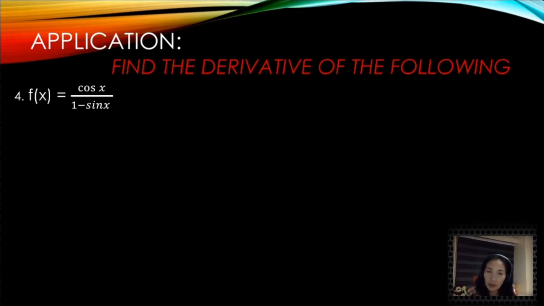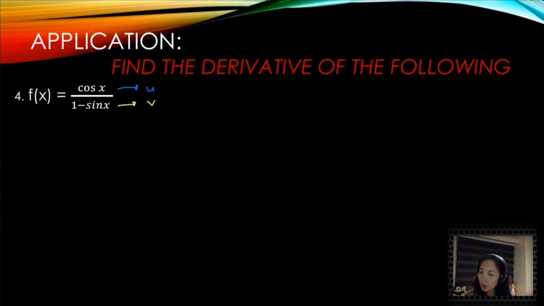Now, looking at the form, this is a quotient wherein your numerator is cosine x and your denominator is 1 minus sine x. So here we have a quotient.